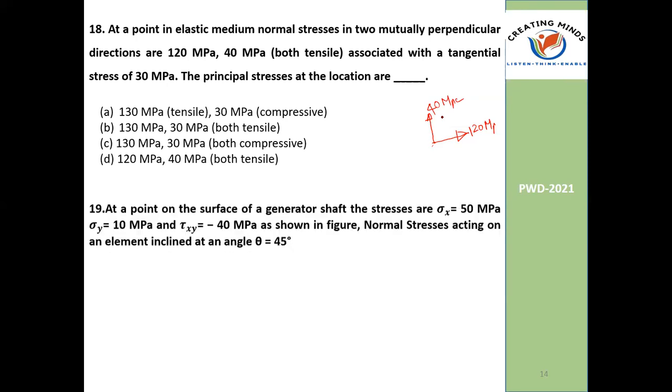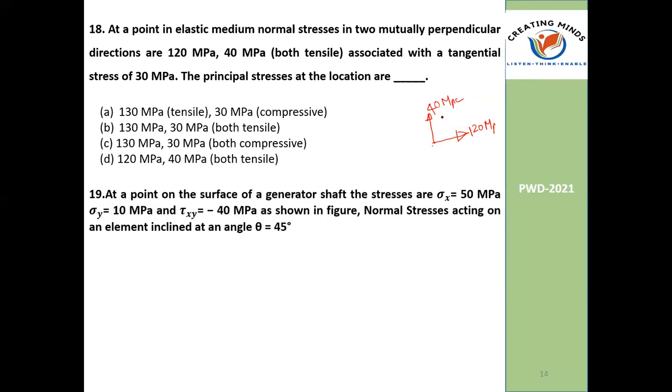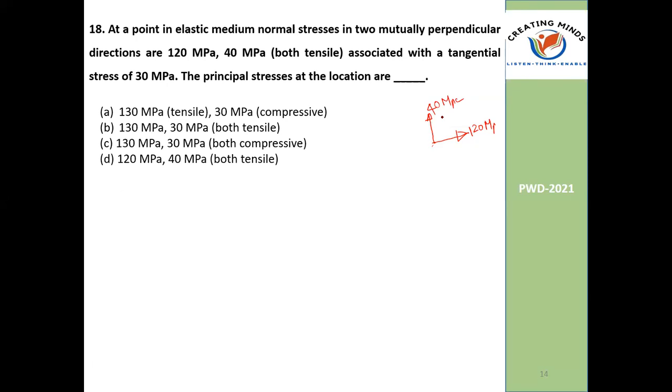Both are tensile, which means acting away from the body. If it is a material, both stresses are acting away from the body, so both are tensile. And also tau is given as 30 MPa.